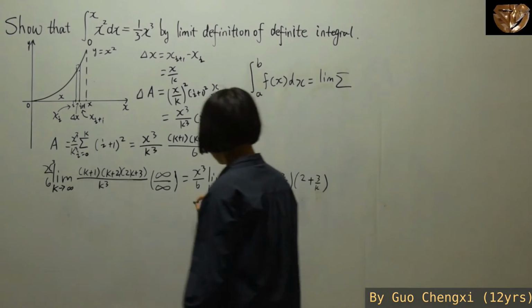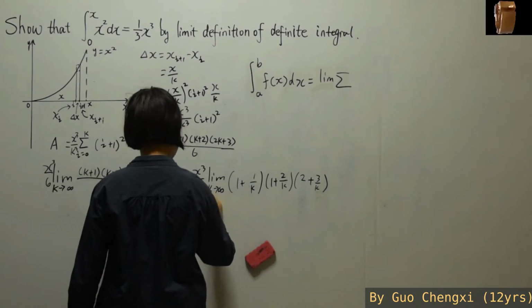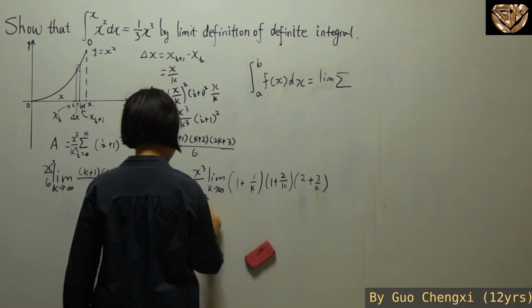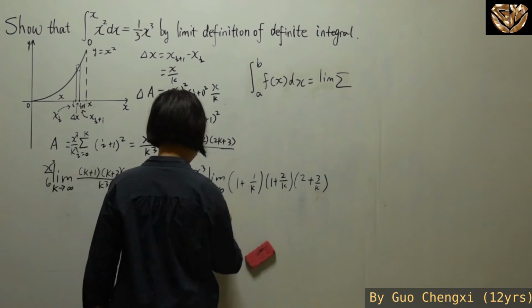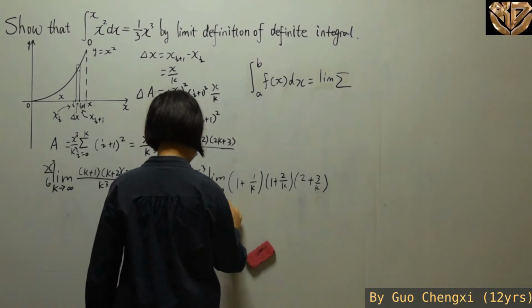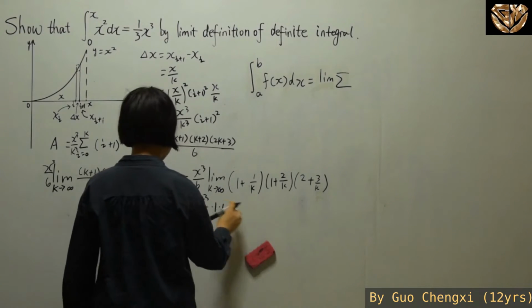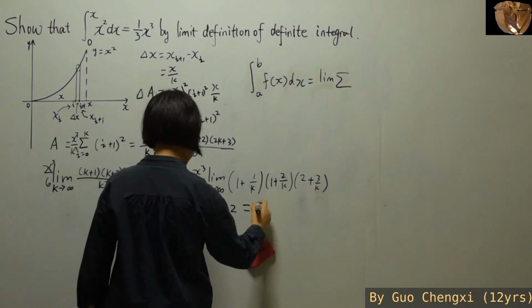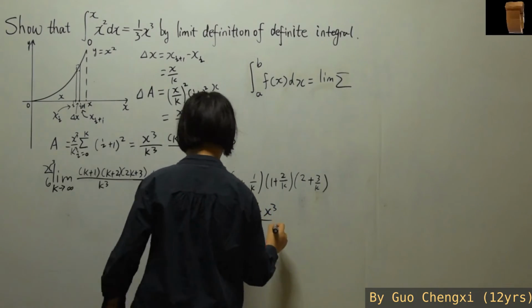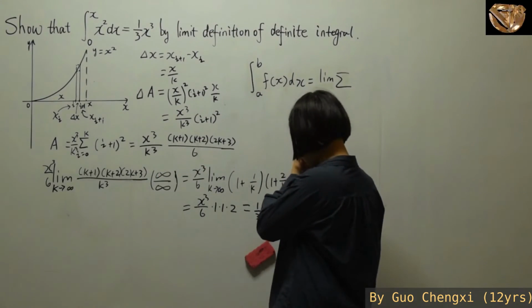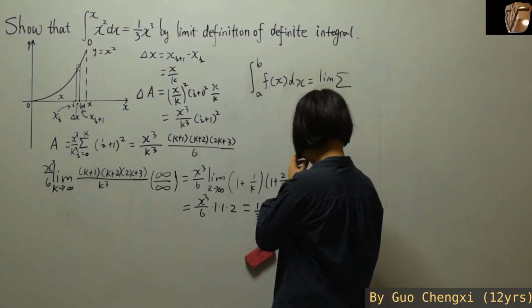And what you're going to get here would basically be x cubed over 6. Then after here, when you sub it in, the fractions will just become 0, and it will become 1 times 2. And here you can simplify, and you get 1 over 3 x cubed, and this is the result that we get, and it is shown.